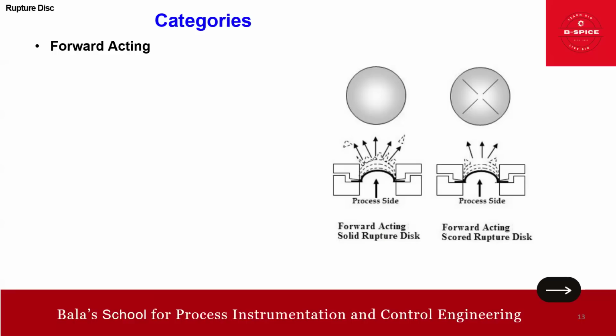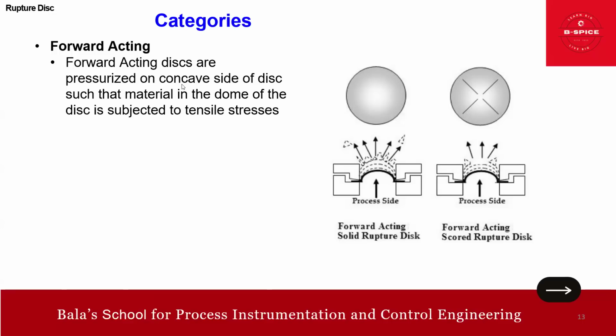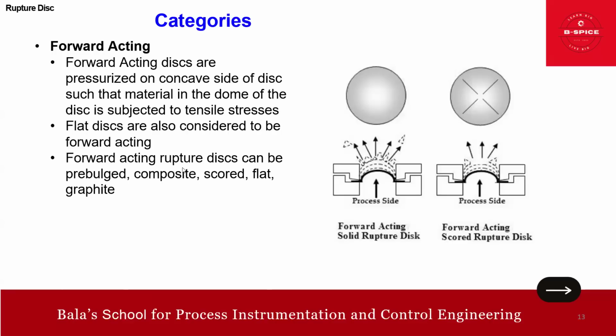Forward acting discs are pressurized on the concave side of the disc, such that the material in the dome of the disc is subjected to tensile stress. Flat discs are sometimes also considered forward acting. Forward acting rupture discs can be pre-bulged, composite, scored, flat, and graphite.